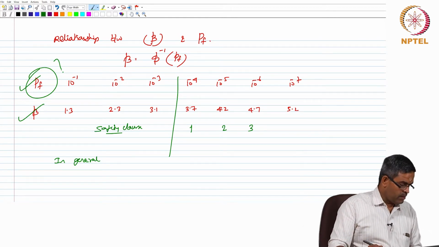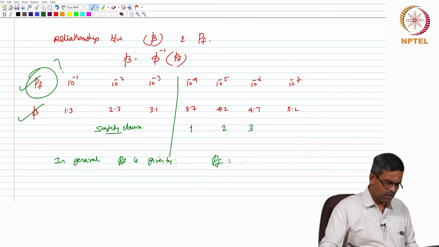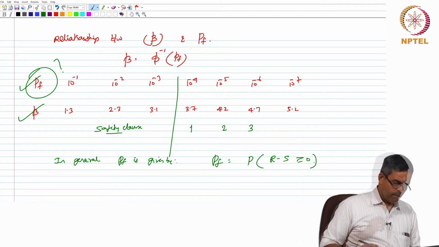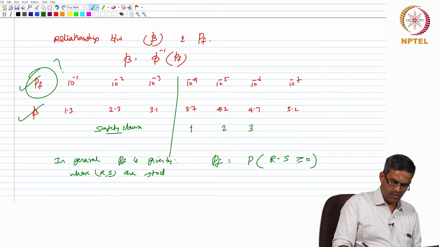So, in general, probability of failure is given by the following expression, which is the probability that R minus S exceeds 0, where R and S are stochastic variables.